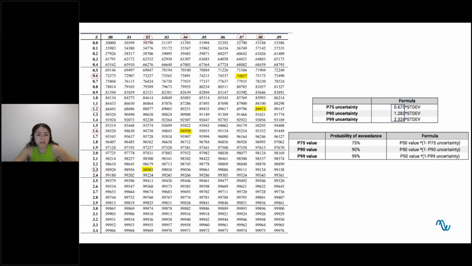So in this z-score table, you will see the areas here. For the P90, it is 0.9, so this is the closest value for 0.9. You have 1.2 here and 0.8, and you will have the value corresponding to the P90 uncertainty and the z-score here. It is the same for all the percentiles.